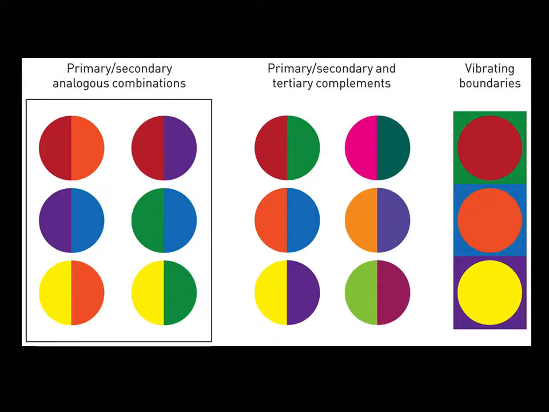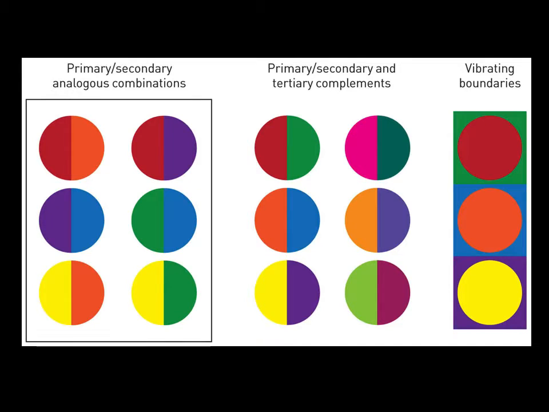This graphic allows us to see these color schemes through different color combinations. On the left side, we have analogous colors of primary and secondary color combinations. On the right side, we have the combinations of complementary colors, with one color acting as the foreground, the circles, and the other acting as the background.